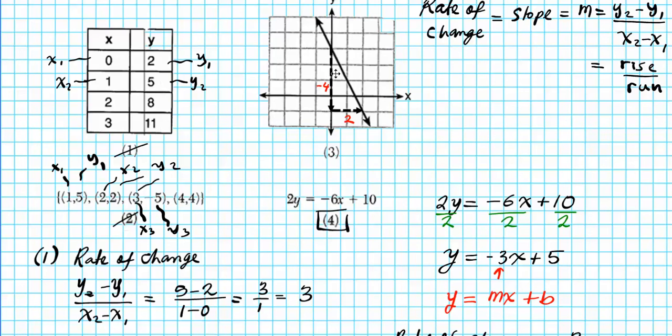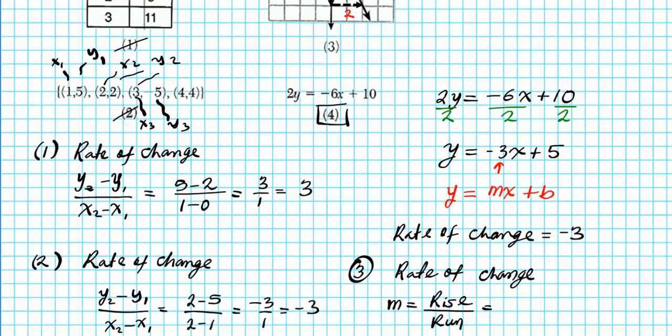Let me do that again. 1, 2, 3, 4, 4, 2. So rise over run is -4/2, which is -2, and that is clearly incorrect. Okay, the only scenario where we have a constant slope of -3 or rate of change of -3 is option number 4.